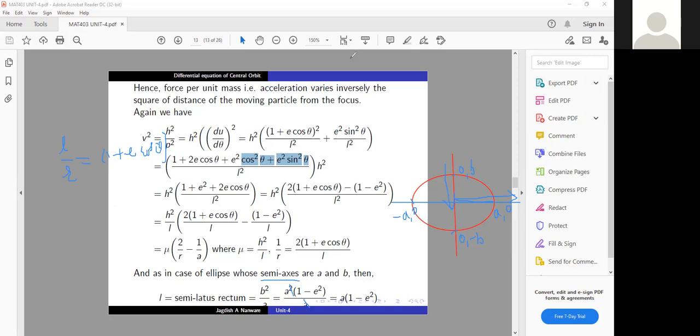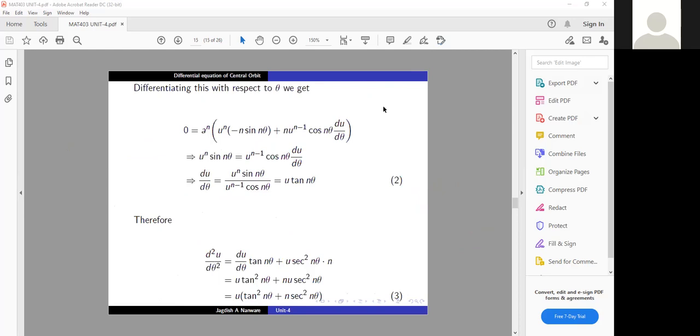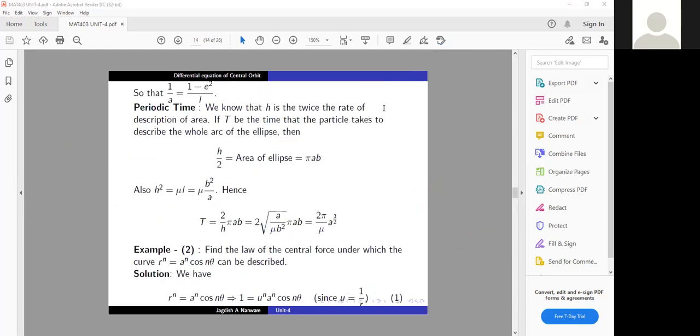That is what it means. And therefore 1 by A is 1 minus e square upon L. So this is just a relation between the semi-major axis, eccentricity, and L. Now, how do you find the periodic time? That is the last question in this example.